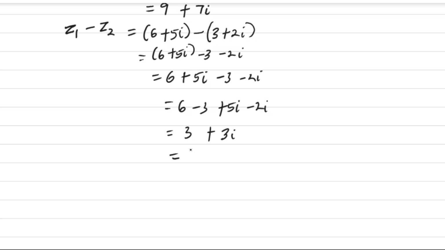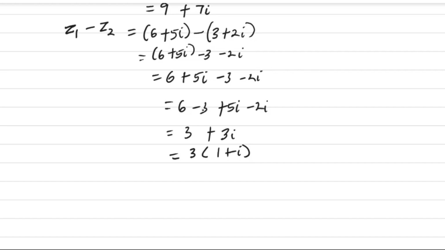You can still leave this as 3 into (1 plus i), but basically the answer is 3 plus 3i. When you subtract those two complex numbers, you have a real part of 3 and an imaginary part of 3. So that is what we have on addition and subtraction of complex numbers.